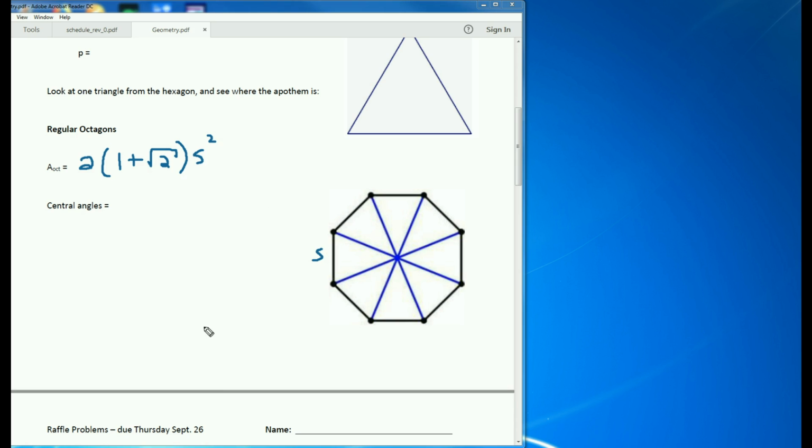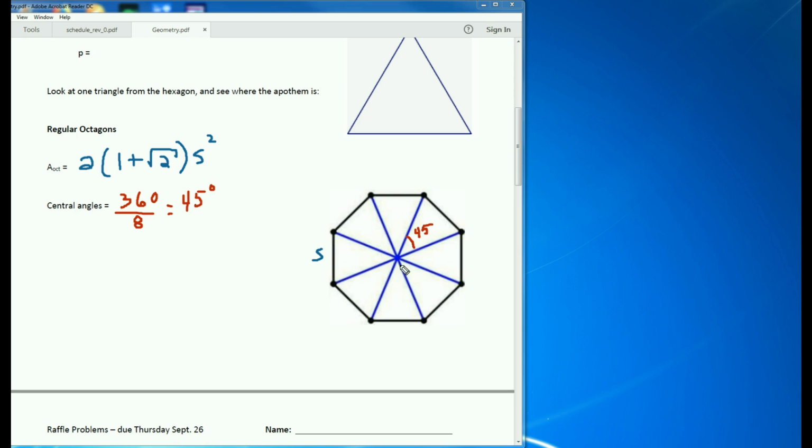All right, so then let's look at what are the central angles here? Well, it's an octagon, so it's split into 8 parts. So each angle, it's 360 degrees total, divided by 8 angles in the middle. Okay, so that is 45 degrees. So in other words, each of these angles is 45 degrees.